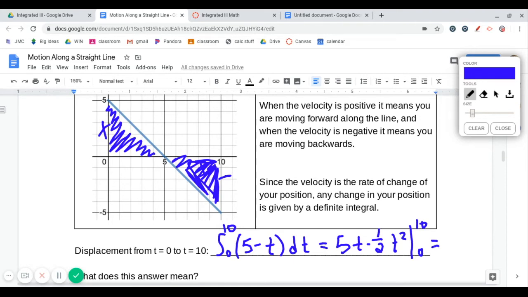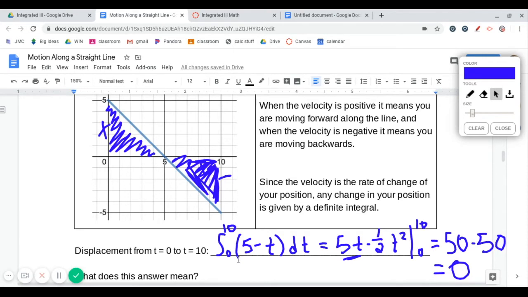So 10 times 5 is 50, minus 10 squared is 100, 1/2 of 100 is 50. And then by the fundamental theorem of calculus, we subtract the value when we plug in 0 for t, but that gives 0, so it would be like subtracting 0. So I'm just not going to write that. We're left with 50 minus 50, which is 0. So your displacement is 0.